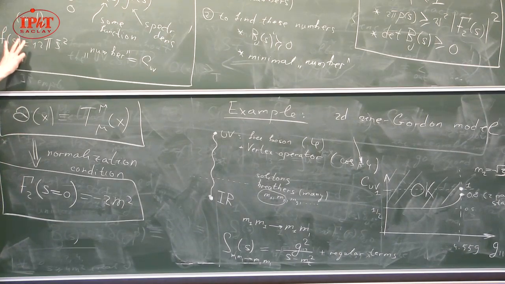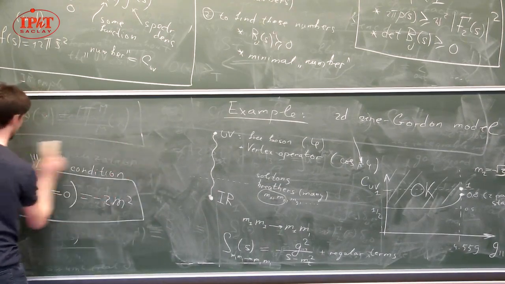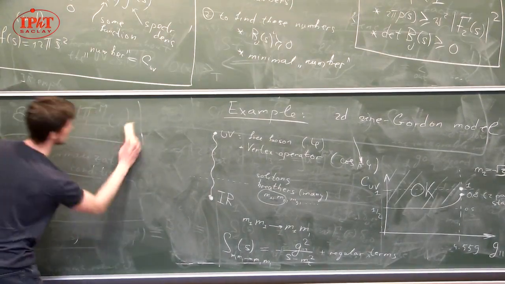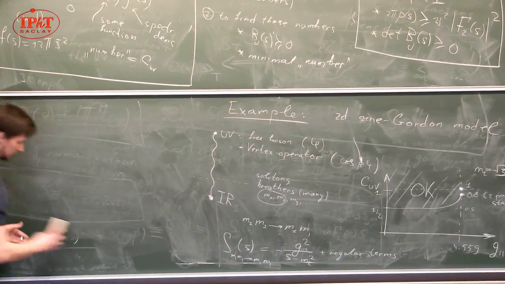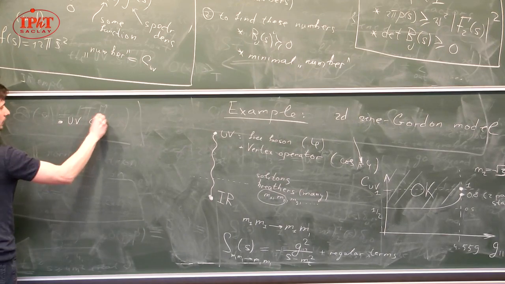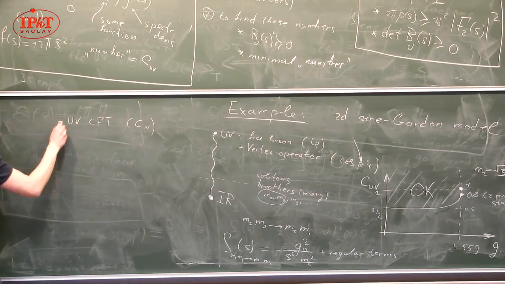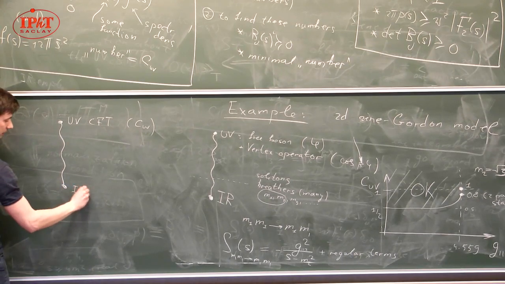This number for this particular function is the consequence of the C theorem in 2 dimensions. So basically, let me sketch it very quickly. If you have the UV CFT, which is defined by the central charge UV, then there's a flow and goes to IR CFT.